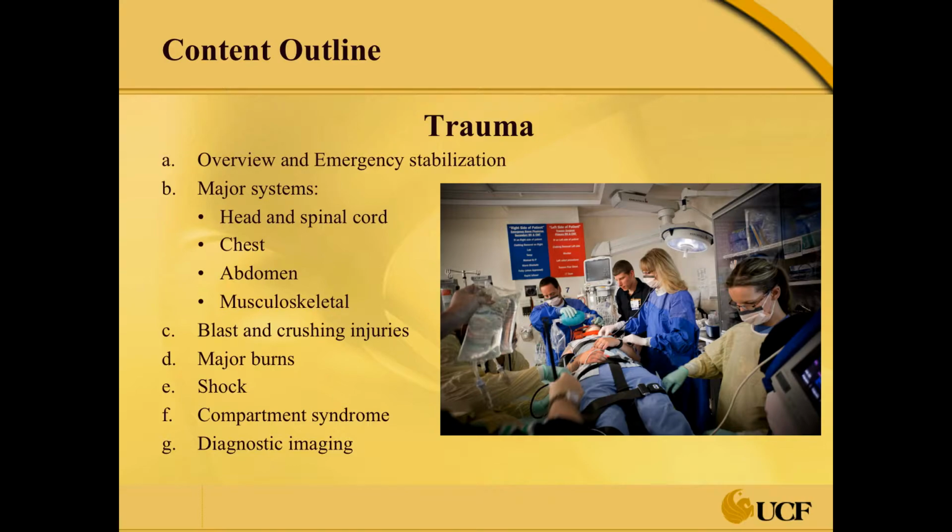We are going to talk about burns and a little bit about shock. You've already had shock in your Acute Care 2 course, so we're just going to give an overview, a bit of a refresher, not too much detail. And then finally, we will have a lot of discussion of diagnostic imaging and some of the things that you'll see on the major films for patients who experience trauma.